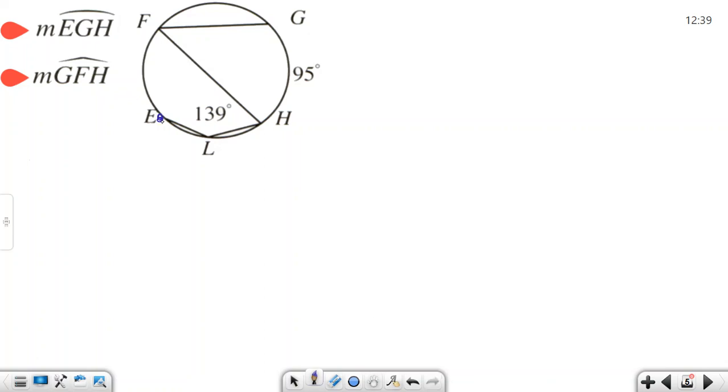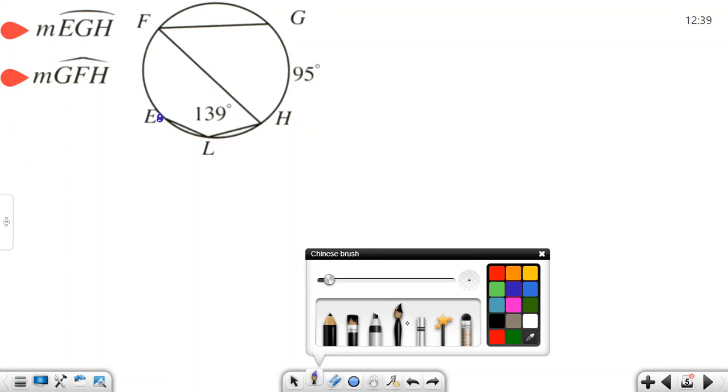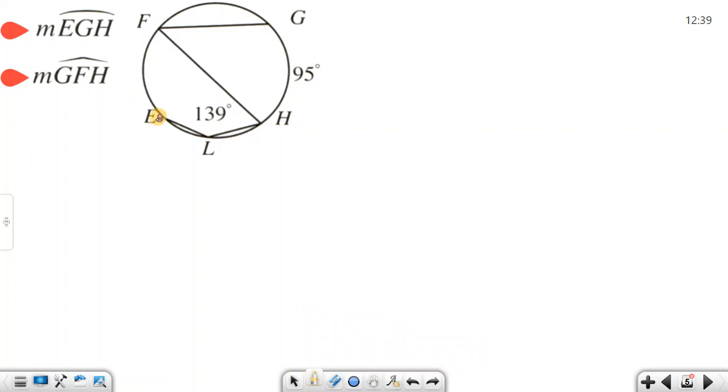It starts with E, continues, passes through G, as you see here, and ends at H. To make it clear, I want to mark it with a highlighter, maybe that's better. The arc EGH starts at E, passes through G, and continues until H. So this is the question.